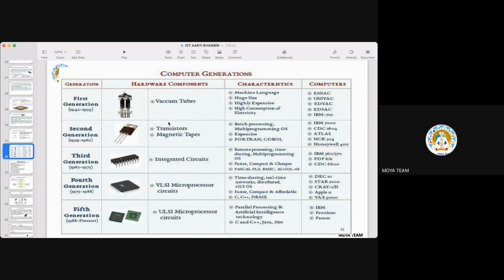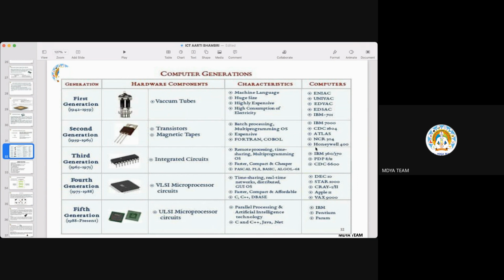And this is a chart which covers all the generations, what the hardware components are, what the main characteristics are, which languages they are using. This is the machine language or high level language: Pascal, Basic, C, C++, DBase, nowadays Java, .NET, and the main computers.